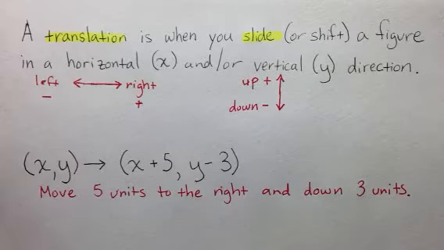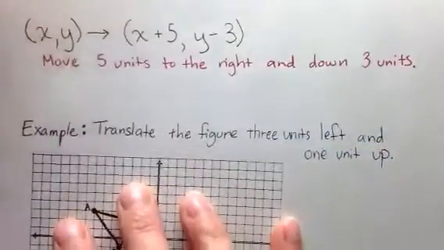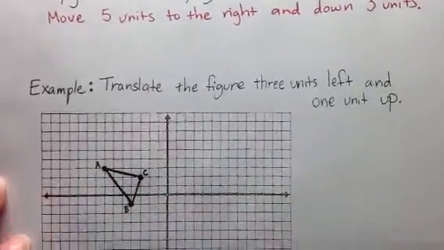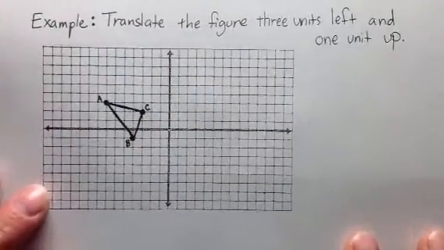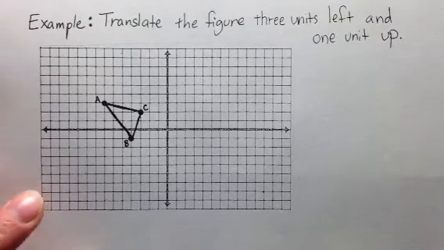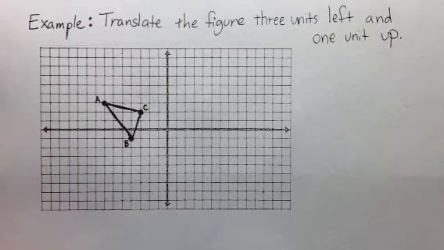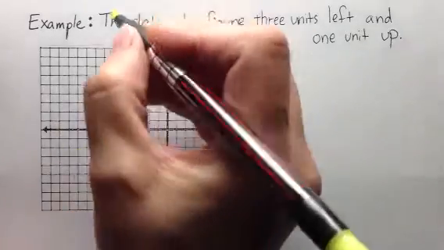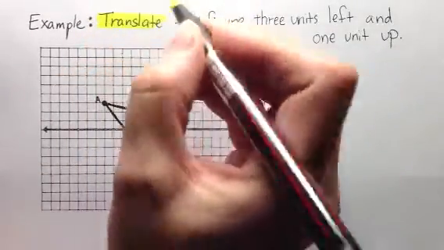Okay? So these are actually probably the easiest of all the transformations. So let's go ahead and do an example. I don't think you need more explanation than that. Okay, so this example says that we are going to translate. We want to pay attention to the vocabulary and the directions.